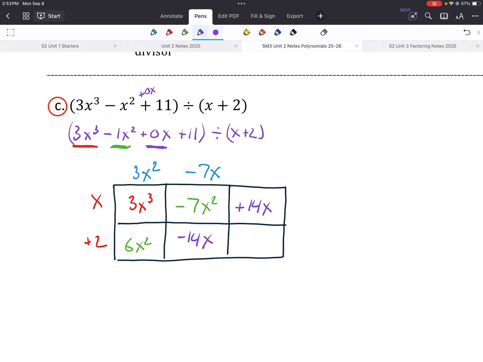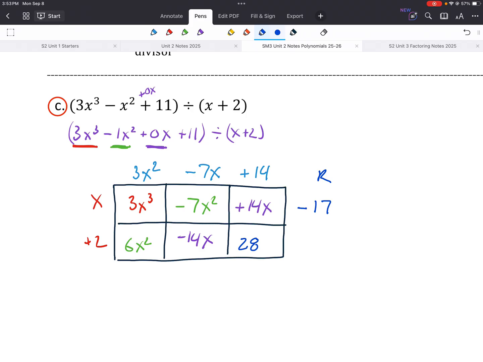Those would cancel out to give us 0. And then this has to be plus 14, so that when it multiplies by x, it'll give us 14x. And then we'll go straight down. It looks like we would get 28. But wait, we don't want 28, we want 11. So we have to subtract 17. And again, that's your remainder.